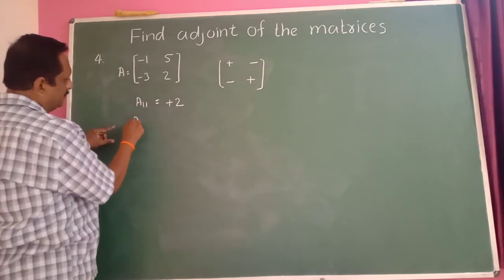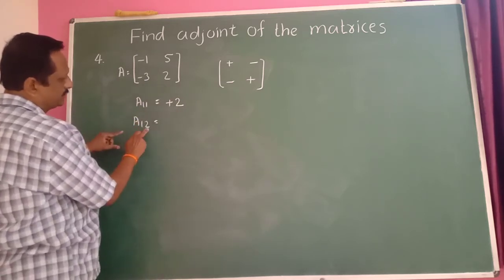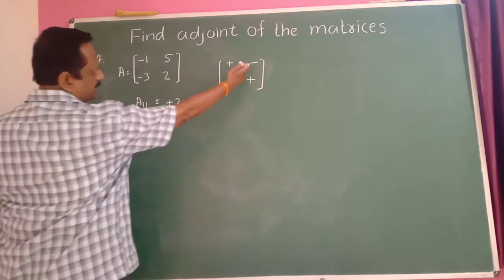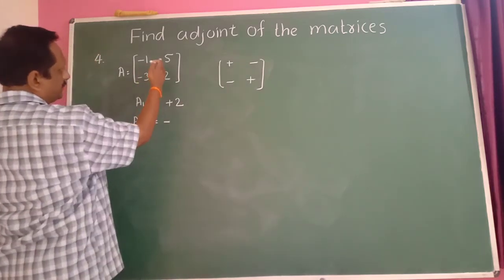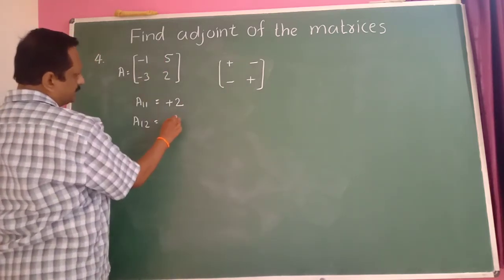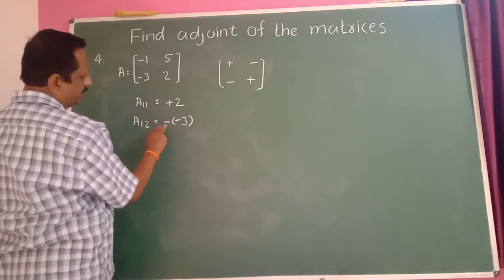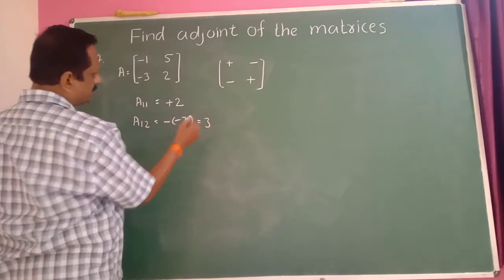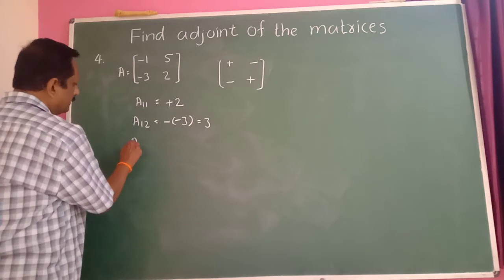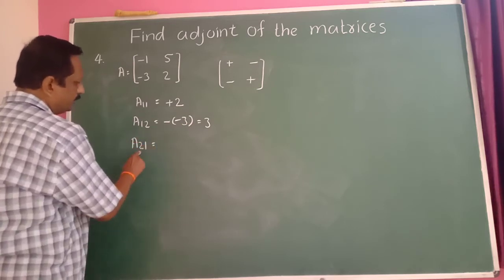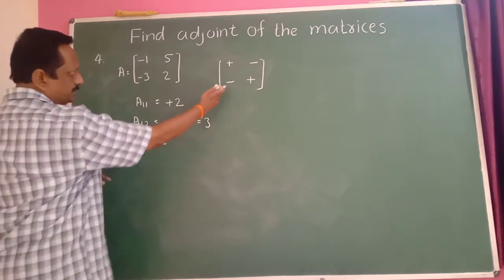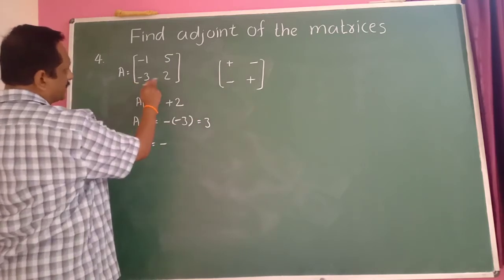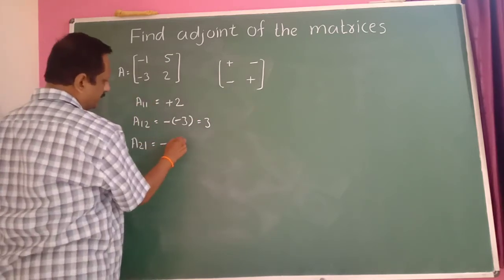Then A12: 1 plus 2 is 3, an odd number, take minus, means this minus here. Deleting the first row and second column, remaining is minus 3. Minus into minus becomes plus, plus 3 here. Then A21: 2 plus 1 is 3, an odd number, take minus, means this minus here. Then deleting the second row and first column, so right here 5, minus of 5.